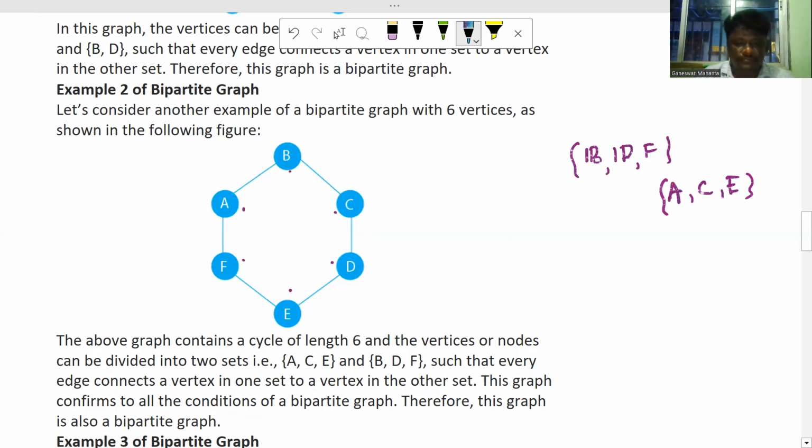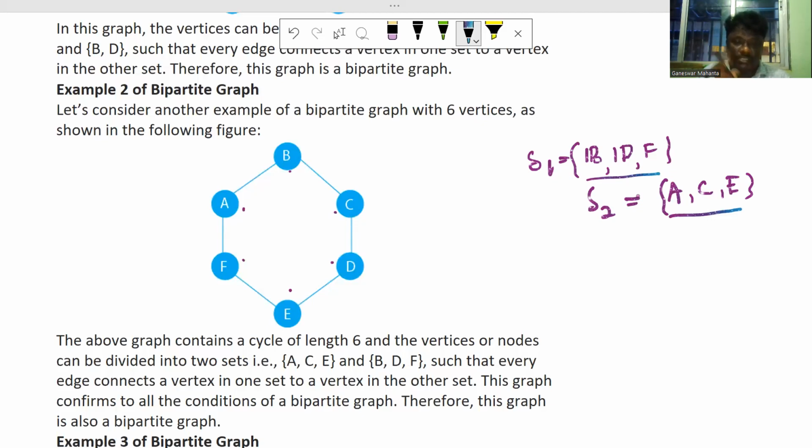Just compare here: ACE and BDF are the two sets we consider. This is one set and this is the other set. Every edge connects a vertex in one set to a vertex of the other set.